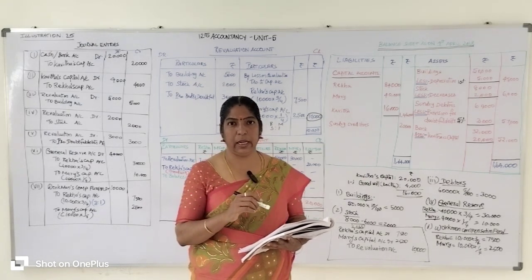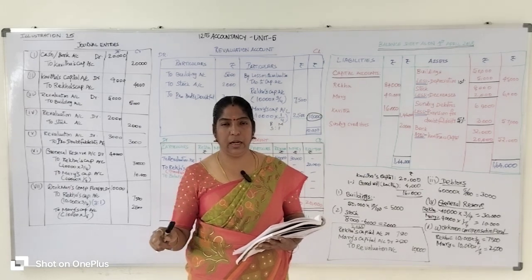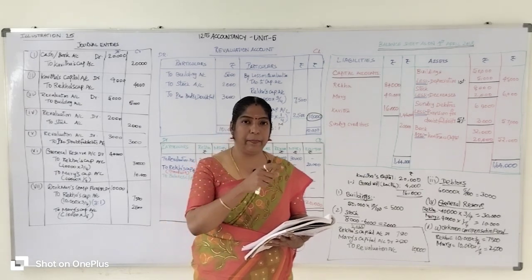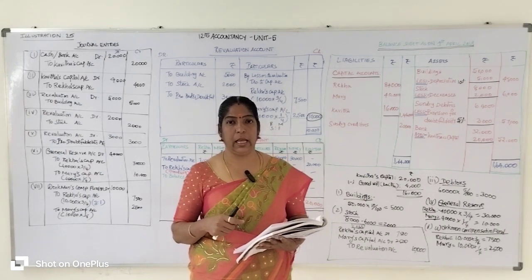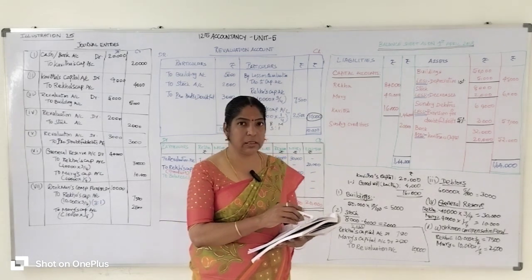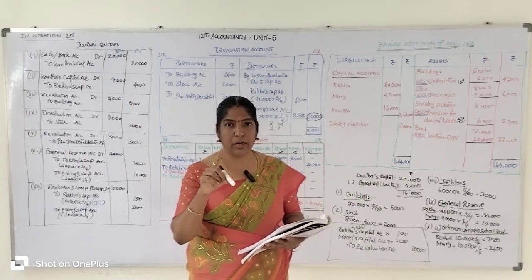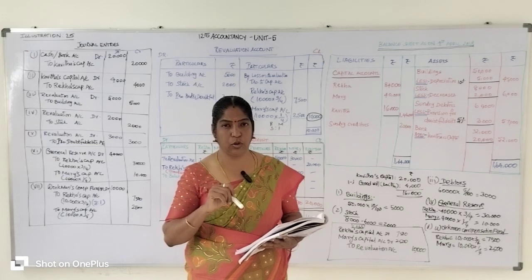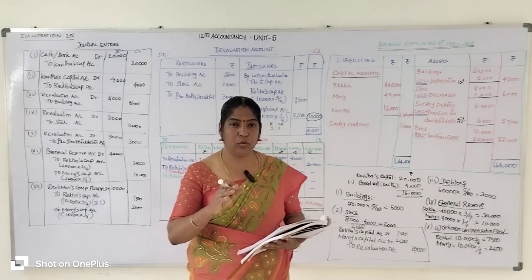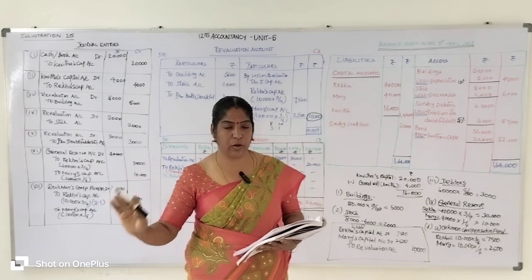That 4,000 rupees of the new partner's share will be taken from her capital. What is the format? If the new partner didn't contribute goodwill, it will be taken from the new partner's capital amount. Kavita contributed 20,000 rupees, but didn't contribute 4,000 rupees for goodwill.